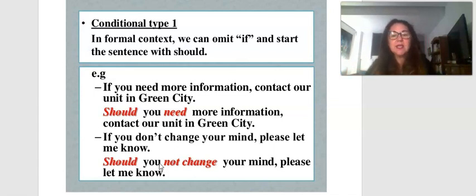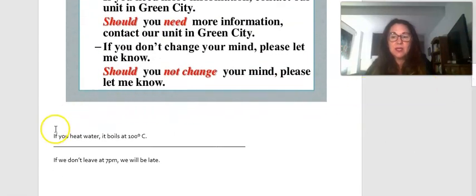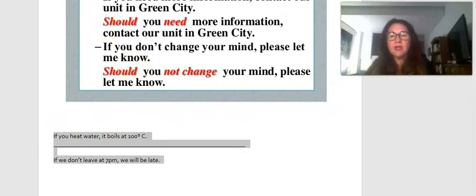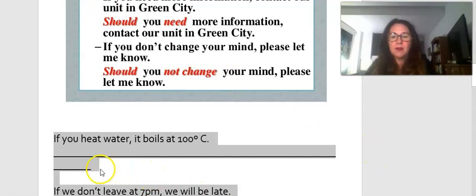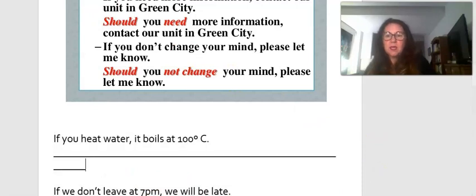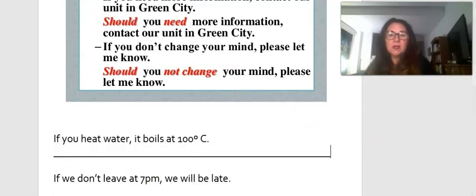So that is number 1. And now I am going to ask you to send me privately these 2 sentences. Okay? Just the inverted form. Only the inverted form. No, this is not what I want here. We have, if you heat water, it boils.